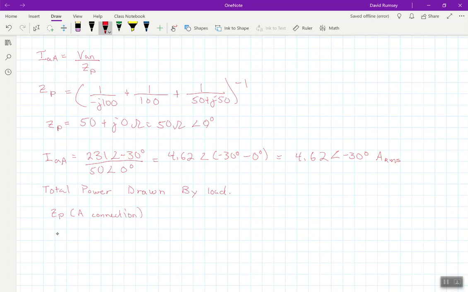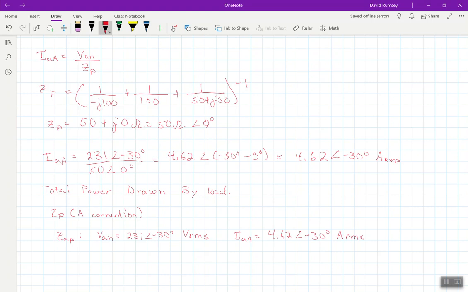Actually, I'll just go ahead and do ZAP to indicate that. We know that the voltage drop across it is just VAN, which is 231 at an angle of negative 30 degrees, volt RMS. And we also know that the current going through that is 4.62 at an angle of negative 30 degrees amp RMS.